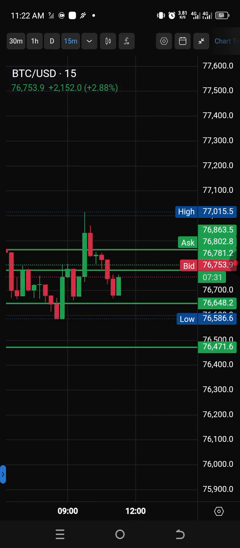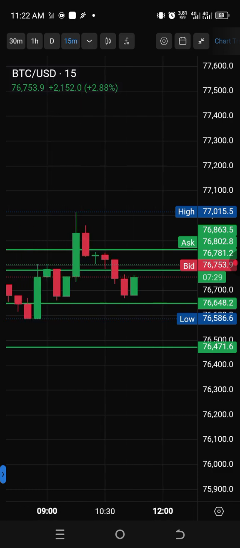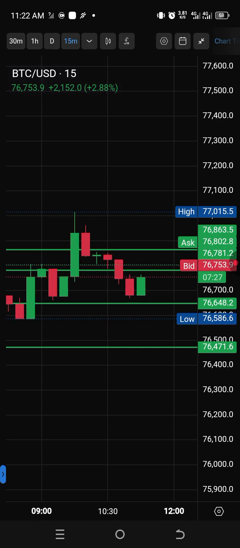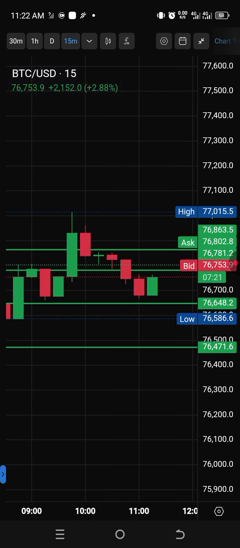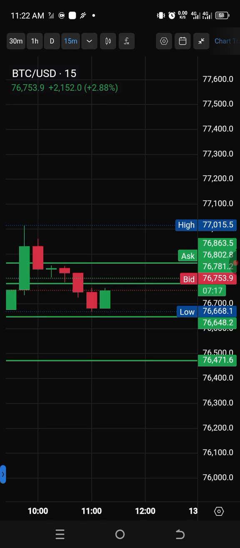But the question is, is this a flag? That's the question. Is this a flag? Let me put it like this so that you see well. Is this a flag?